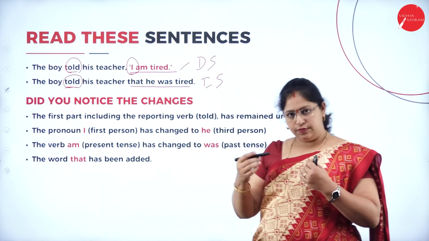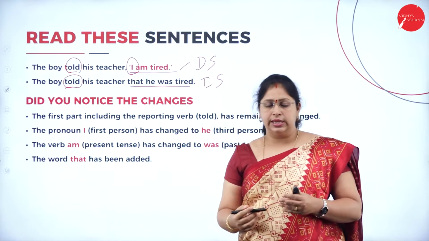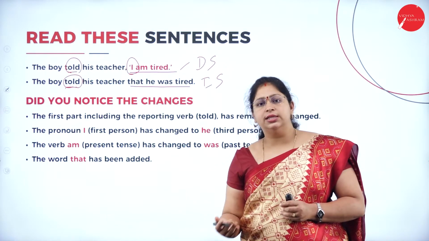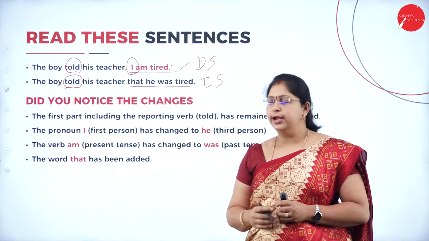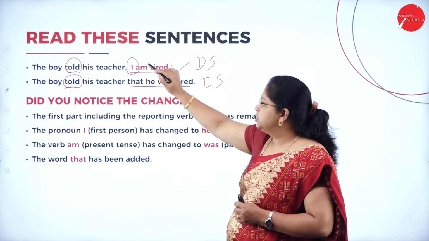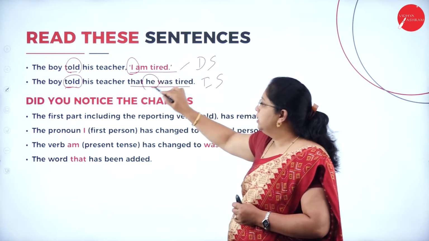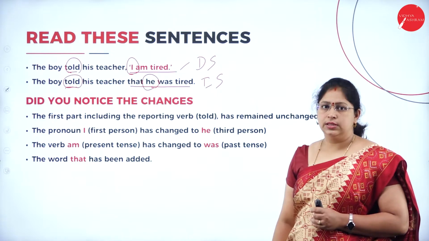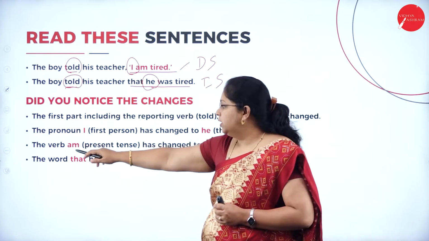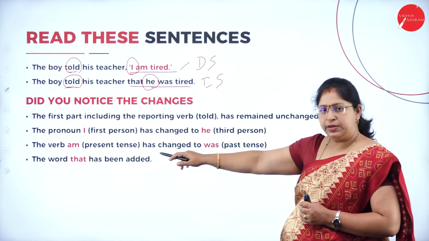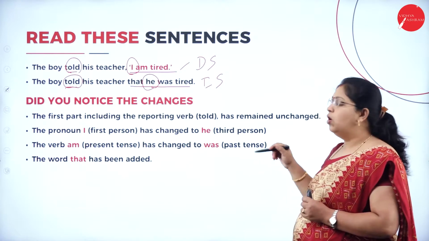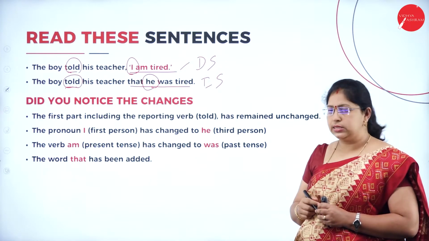So I is first person, you is second person, he, she, it, they are third person, correct. So I from first person has changed to he, third person, correct. Then the verb am, which is present tense, has changed to was, that is past tense, correct.